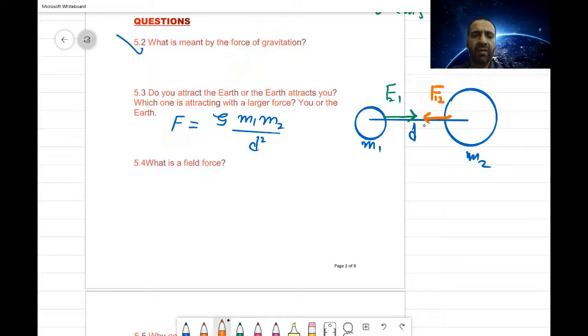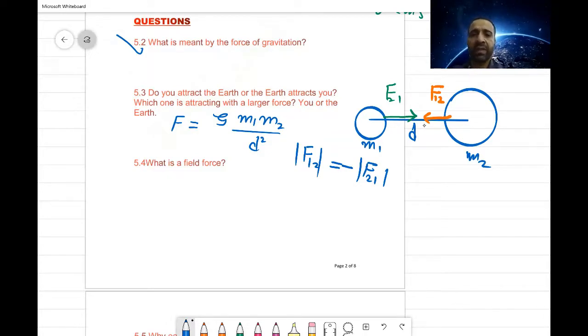And now, I told you at that point that F12 is the same as F21, because we cannot deny Newton's third law of motion. So the forces are the same, but they are acting on two different bodies.